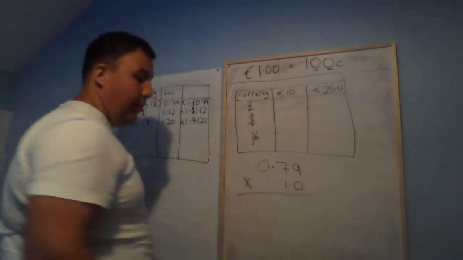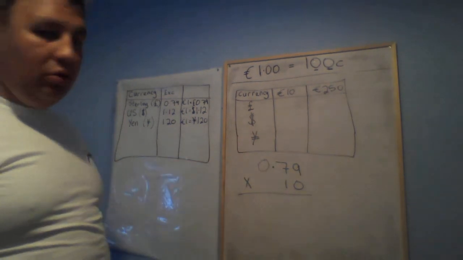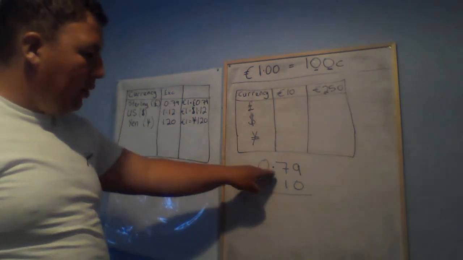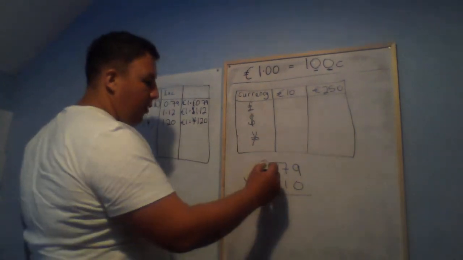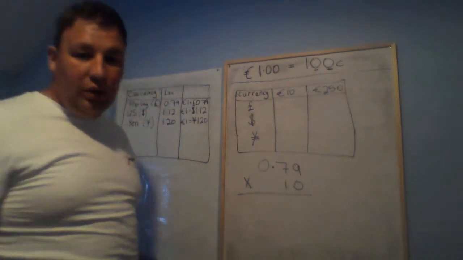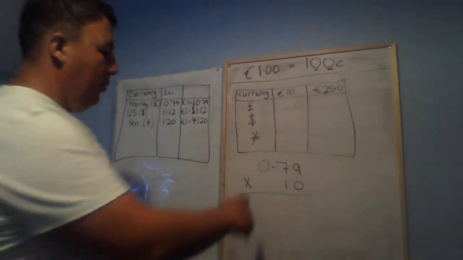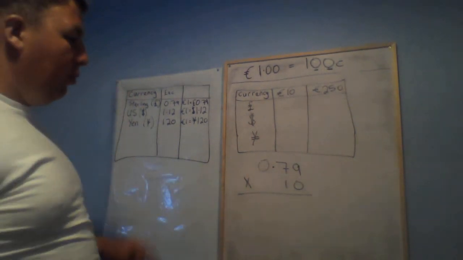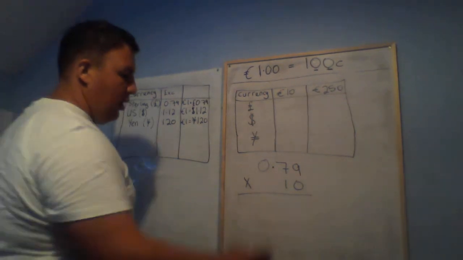Now, I'm sure most of us know by now that to multiply a decimal by 10, you just jump the decimal one place. If you're multiplying by 100, you jump 2 places. You can do that, that's fine, but I'm just going to work through the multiplications.